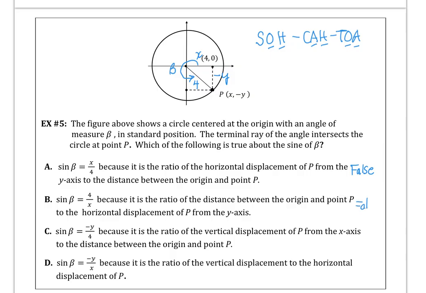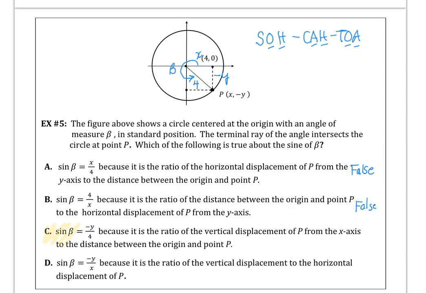The sine of beta is negative y divided by 4. So sine is opposite over hypotenuse. I believe this one is true. Let's see, so that is true. That's not a good color.